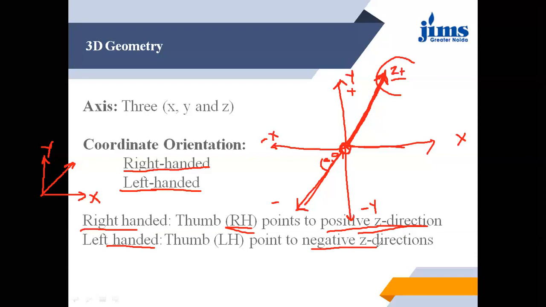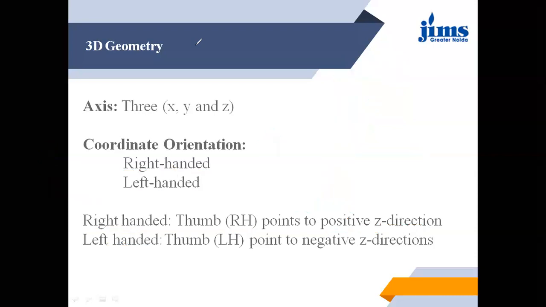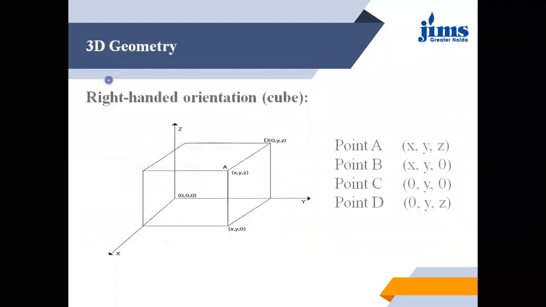So from here we discussed that the z axis is perpendicular to x and y. In one direction it is positive and in the other direction it is negative, like the x and y axes. Now we will try to understand these axes from this cube.